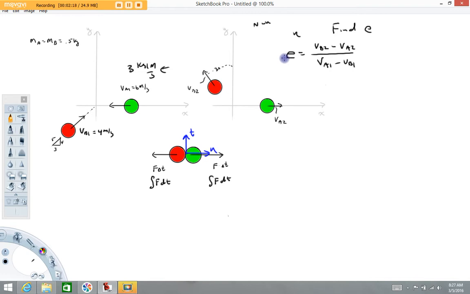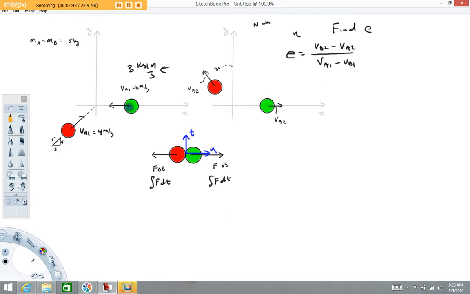A little reminder: the coefficient of restitution is VB2 minus VA2 over VA1 minus VB1. It applies in the normal direction for an impact, and only in the normal direction. I've already taken the liberty to draw an important picture for this impact.